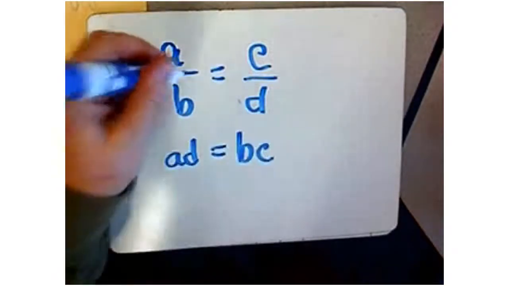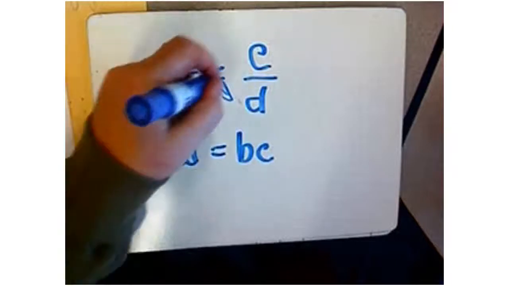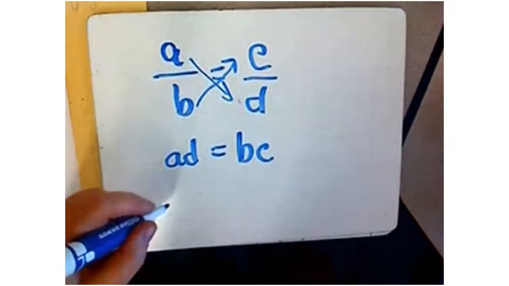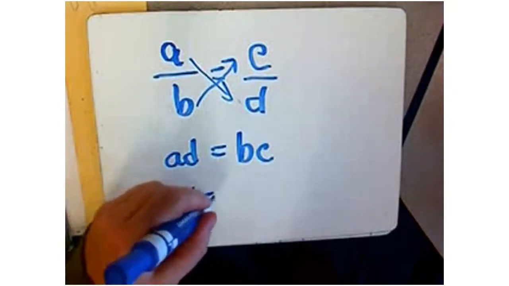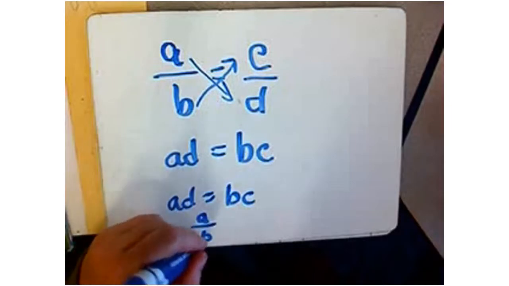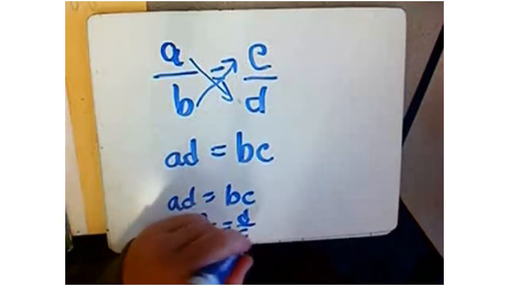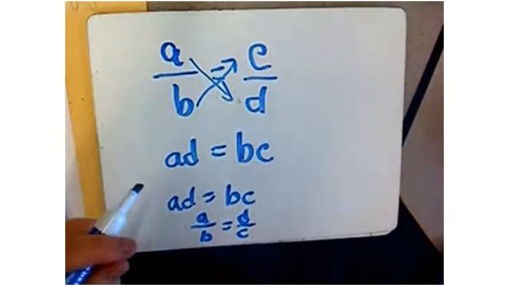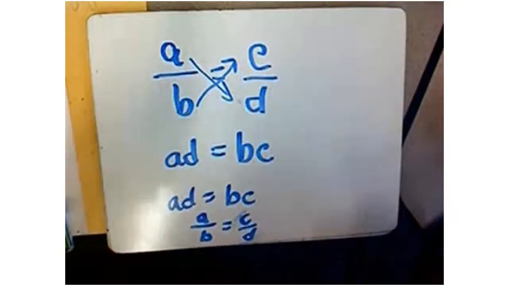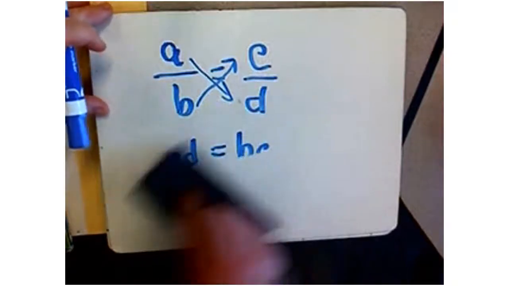In other words, we can cross multiply A times D and B times C. And we can do the converse. Likewise, if AD equals BC, then we know that A over B equals C over D. Do them in the right order. There we go.